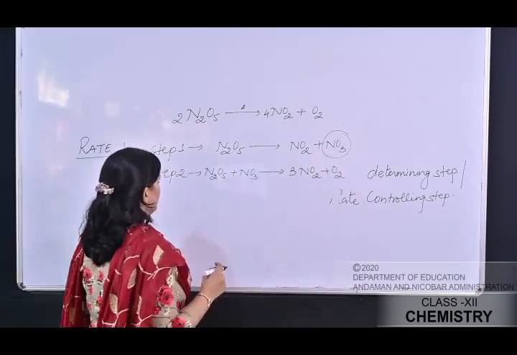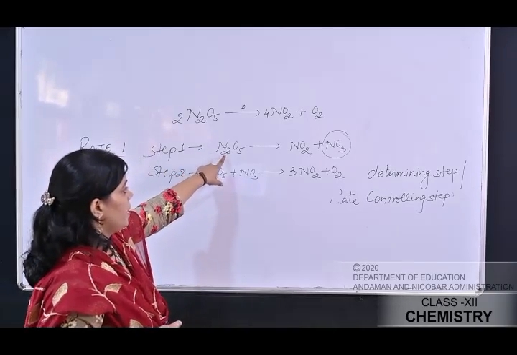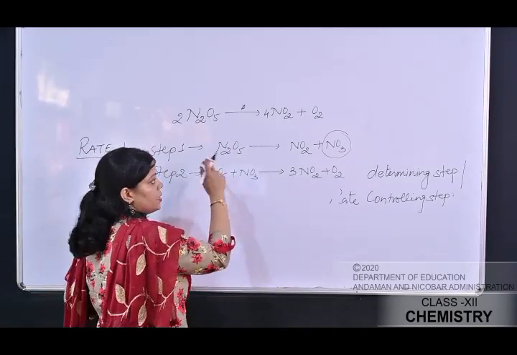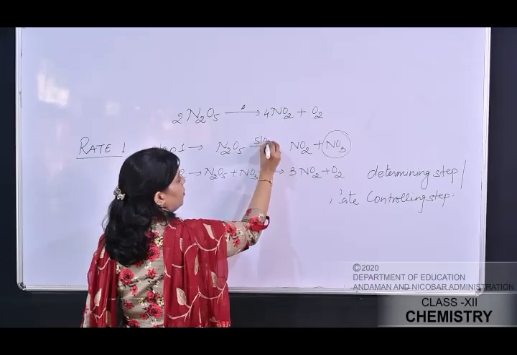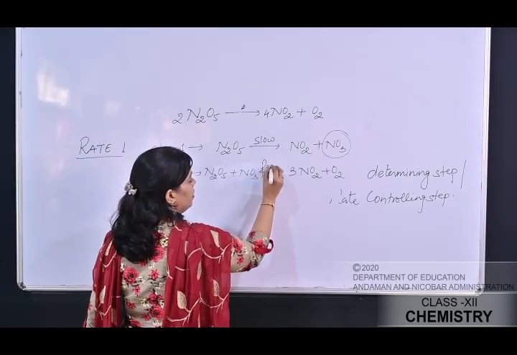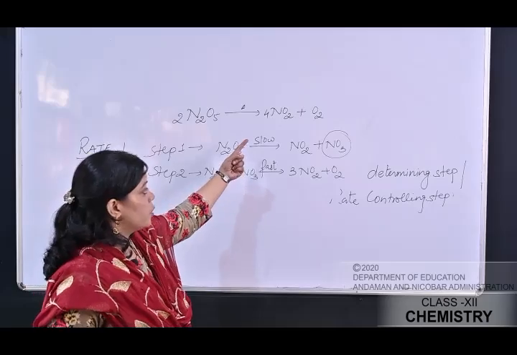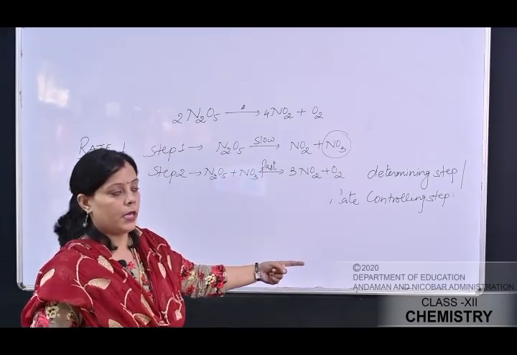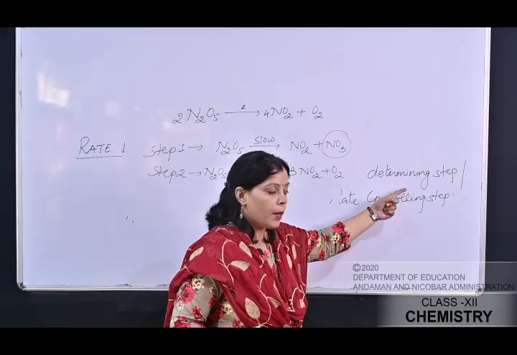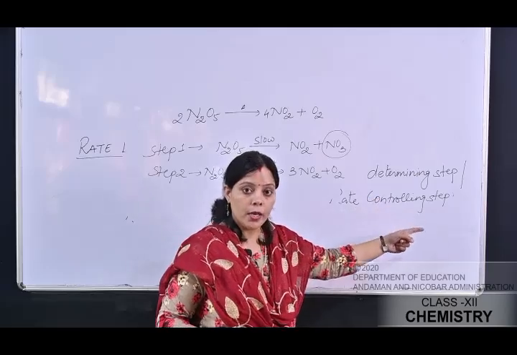After experimental results, the evidence suggests that the first step is the slow step and the second step is the fast step. As I have already told you, the slowest step in a complex reaction is the rate determining step or the rate controlling step.